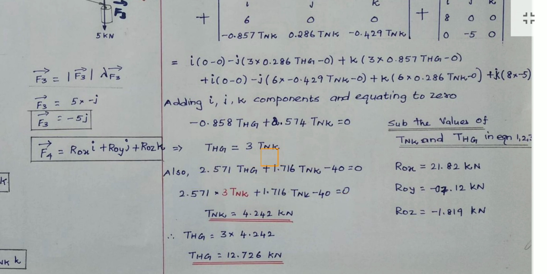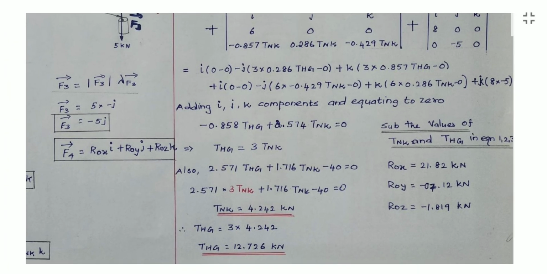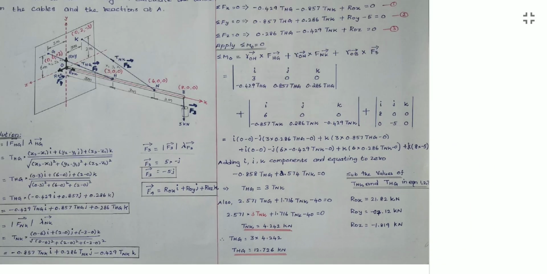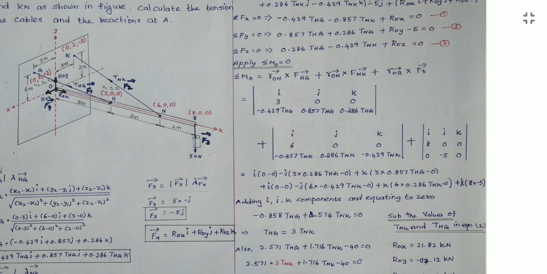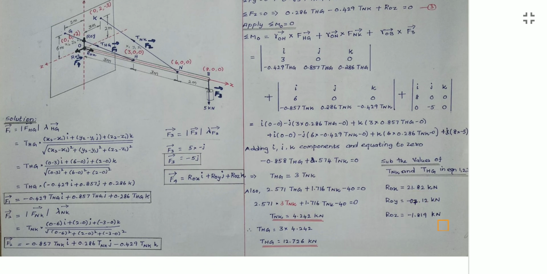Here we already got the relations for T and K, so substituting in the relation we will get T and K. So here we will get THG and T and K. Then we can substitute these values, T, K and THG, in the first three equations already found, right? From this we will find ROX, ROY and ROZ. So these are all the answers.